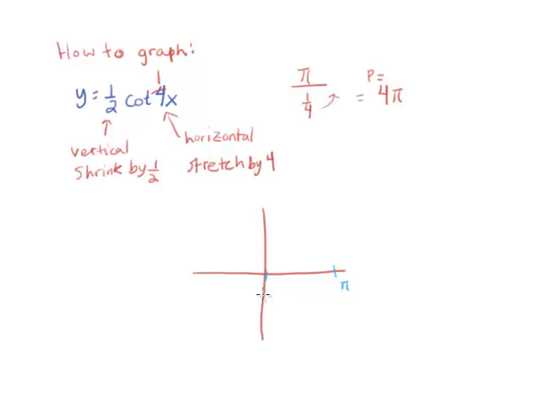Well, 0 times 4 is still 0. And 4 times pi is 4 pi, which means our asymptote will be at 4 pi. So halfway in between there, we should be going through the point 2 pi, so it goes down to the right and up to the left. And then we can make another period over here on this side at negative 4 pi and negative 2 pi.